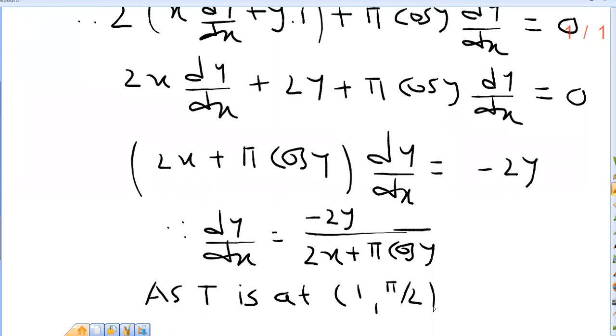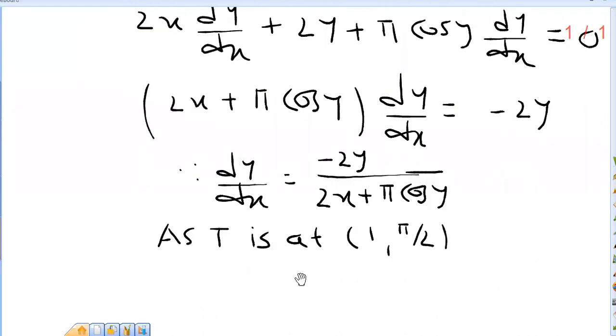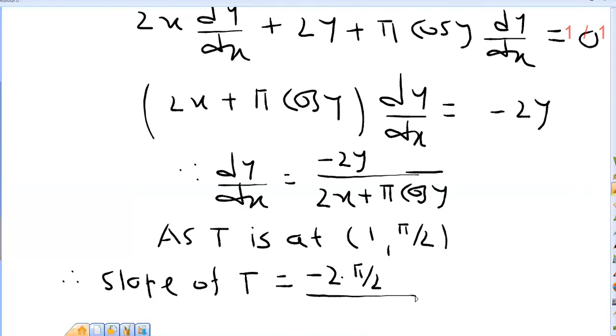What will be the slope? Find out. Replace every x by 1 and y by what? Pi by 2. Therefore, slope of tangent is nothing but minus 2 into pi by 2 upon 2 into 1 plus pi cos pi by 2.